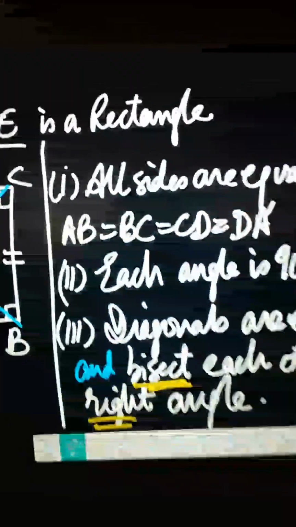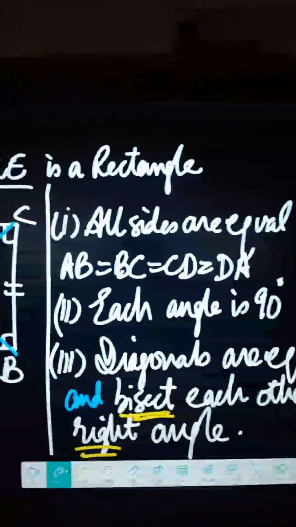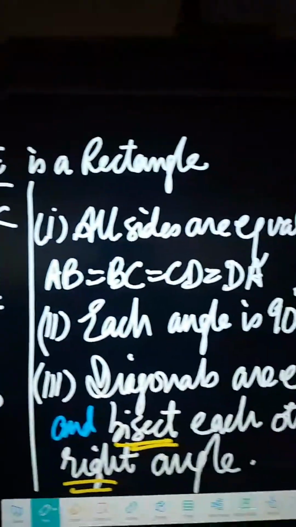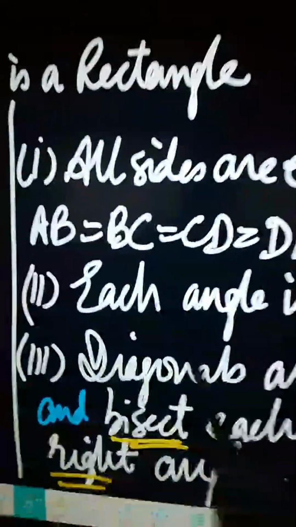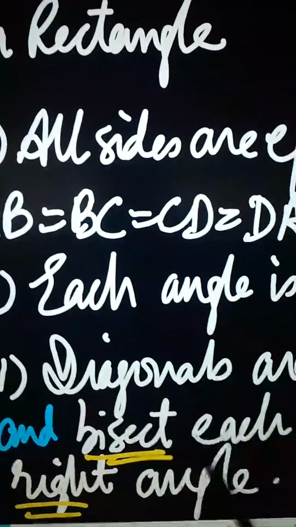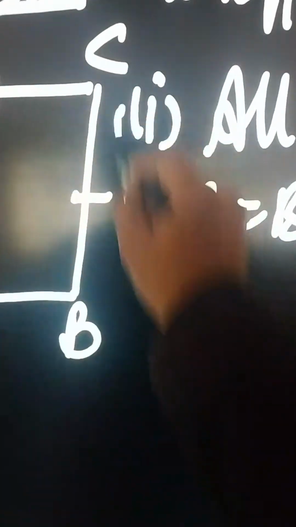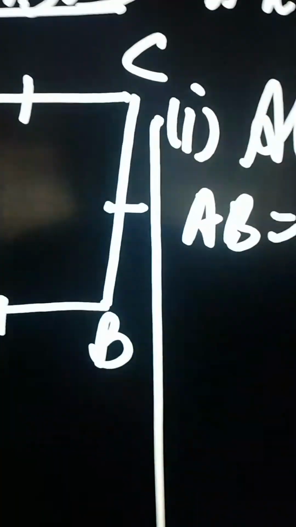This is also in a square. In a square also, I said all sides are equal. AB, BC, CD, DA are equal. So this is also there in a rhombus. But how is it different? What is the difference? Here each angle is not equal.